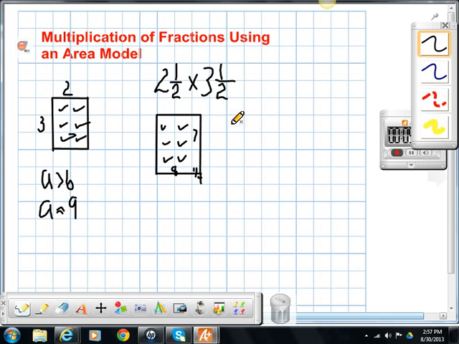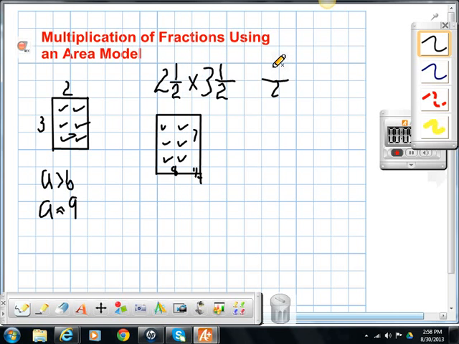Now, let's do the same problem using the mathematics that we have been taught. We're going to change this mixed number into an improper fraction, and we know that our new denominator is going to be half. So down at the bottom is half, and at the top, 2 times 2 is 4 plus 1 is 5.